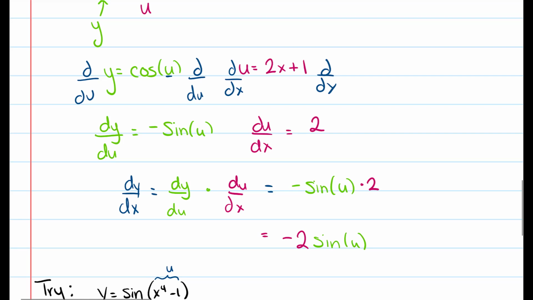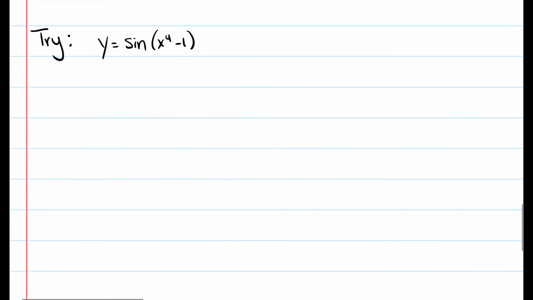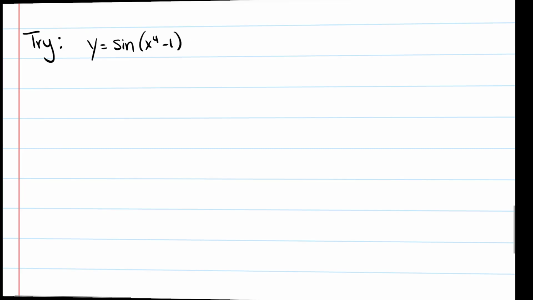Now the only problem with this right now is that it's in terms of u and I need it in terms of x. So I get dy dx is equal to negative 2 sine of 2x plus 1 because u was equal to 2x plus 1. So now on your own, I want you to try y is equal to sine of x to the fourth minus 1 by using the chain rule.